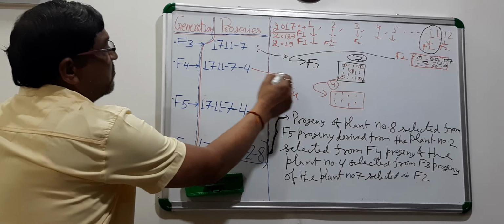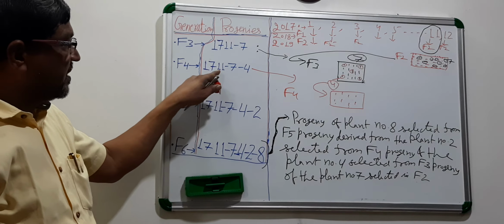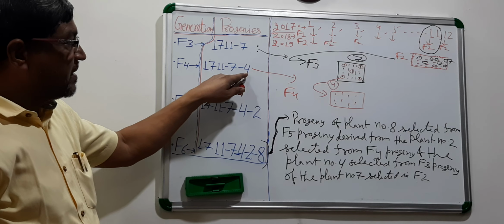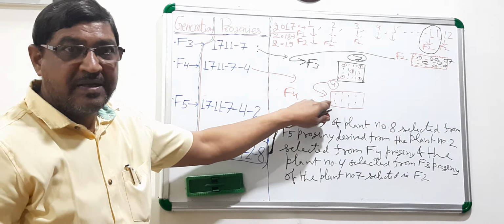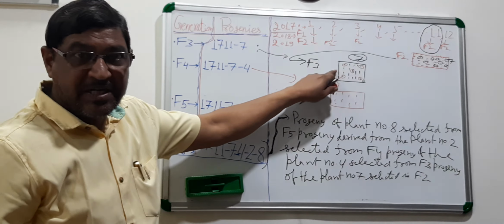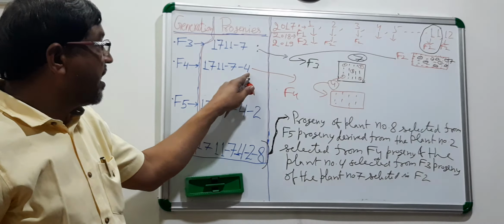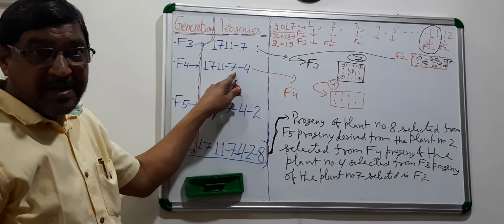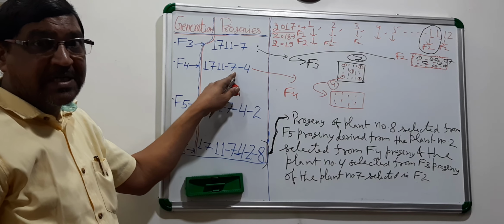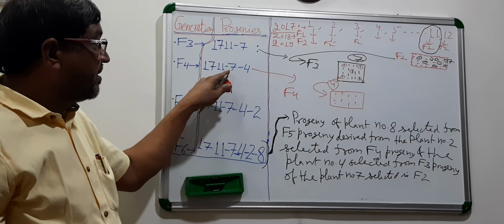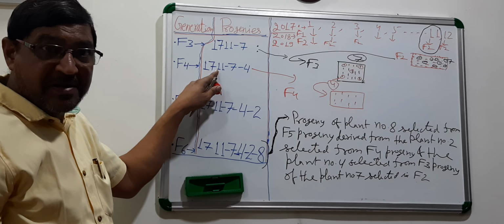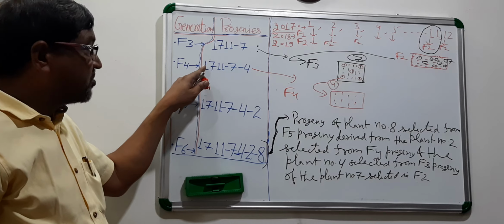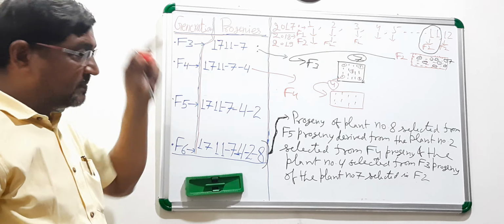So what you are going to put is the progeny of plant number 4 selected in F3 generation of plant number 7 selected in F2 generation from cross number 11. The cross was made in 2017.